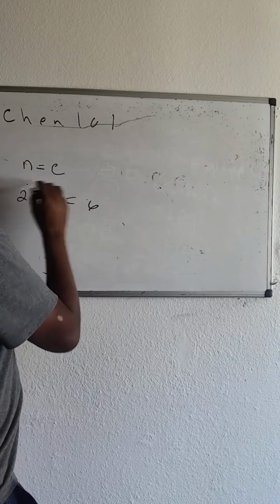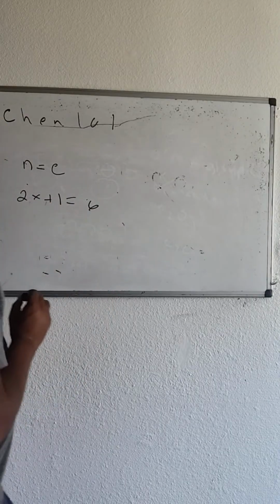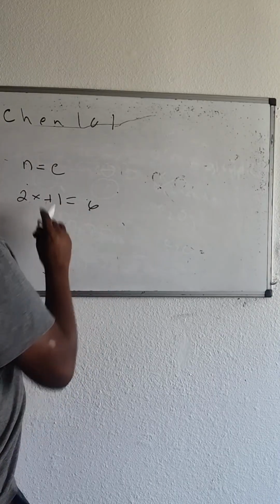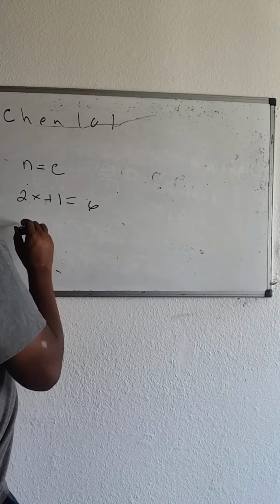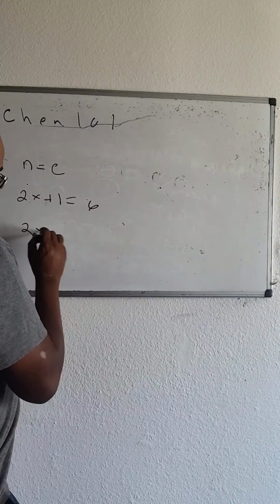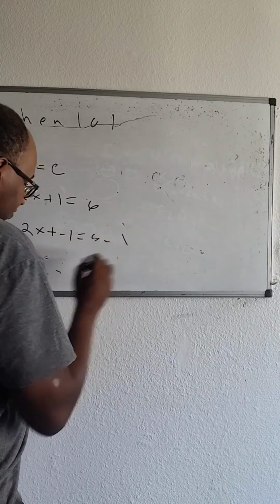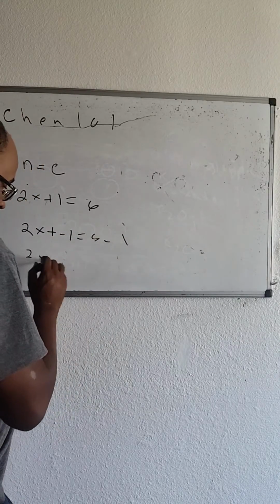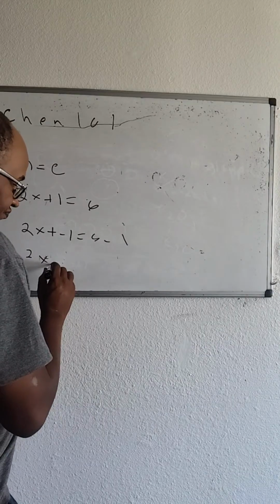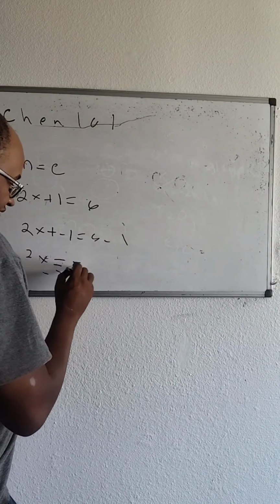So this would be neutrons, electrons. How many neutrons there are? Let's solve the equation. 2x plus 1 minus 1 equals 6 minus 1. So we got 2x equals 5. Okay, that's not going to work.